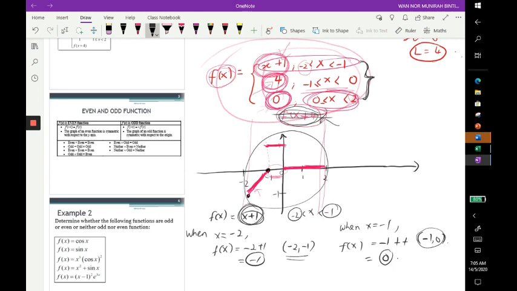Let's say the first question is to sketch the graph within the interval of negative 4 to 4. You just avoid the words from negative 4 to 4 first.